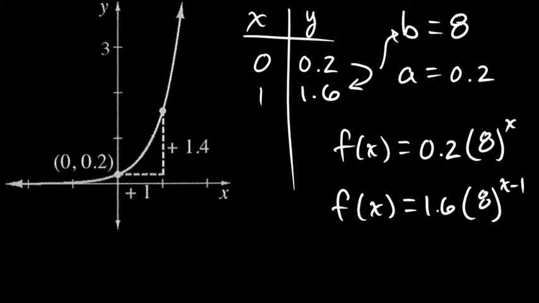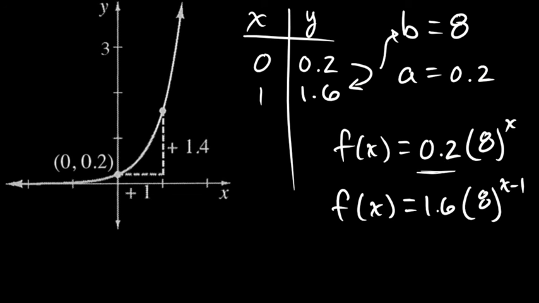And it's just a matter of which one of these is going to create a value of 0. So if I plug 0 into the first one, 8 to the 0 power is 1, so that gives me the 0.2.